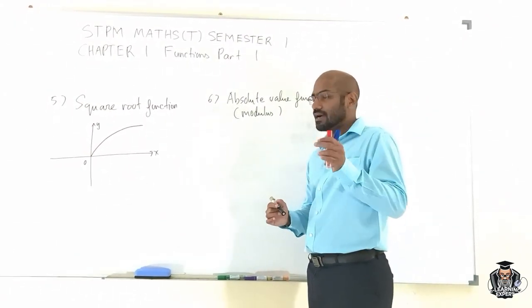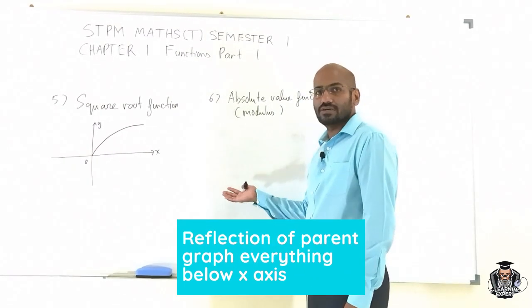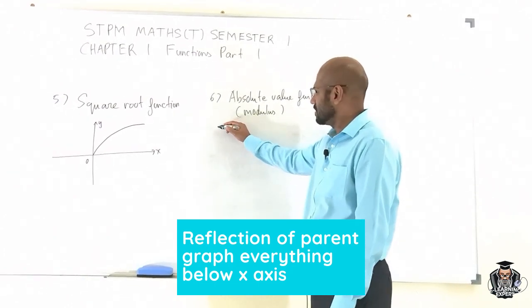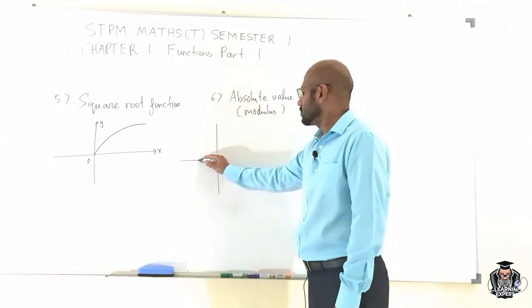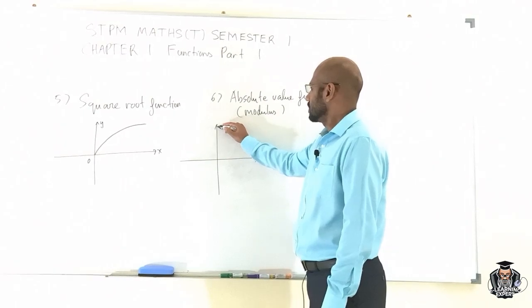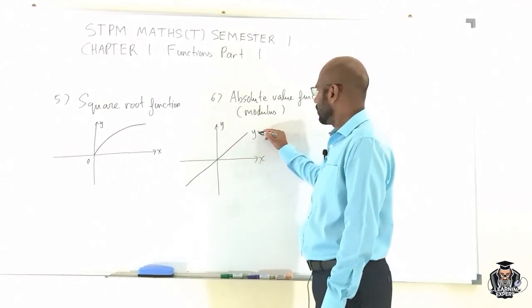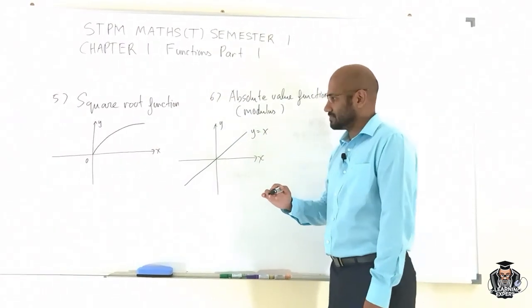The modulus graph is just a reflection of the parent graph of everything below the x-axis. What does this mean? Let me show you all an example. So as we should know by now, this is the graph of y equals x.